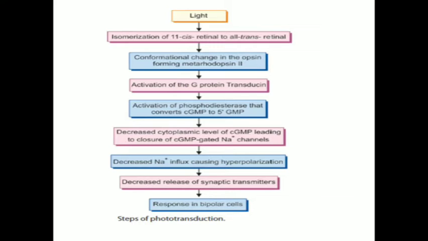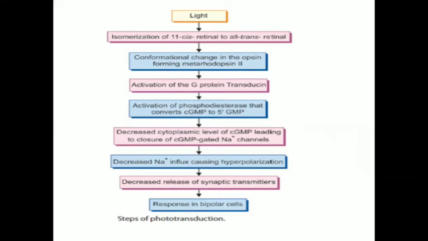So as a result, what happens? There is less cytosolic cyclic GMP in the outer segment of the rod cell. So there is closure of the cyclic GMP gated sodium channels, and due to this closure, there is decreased sodium influx causing hyperpolarization.